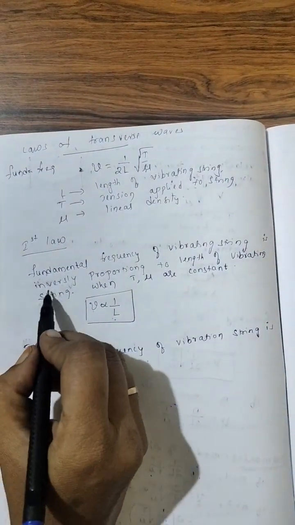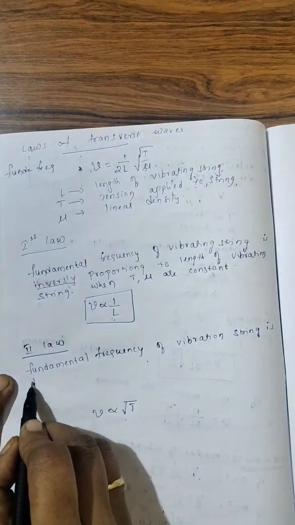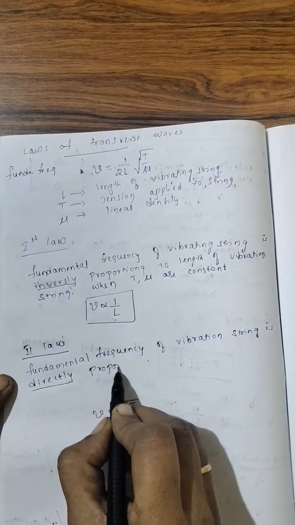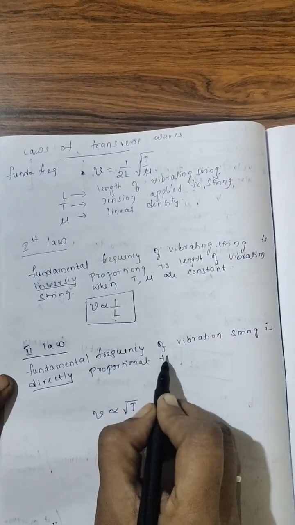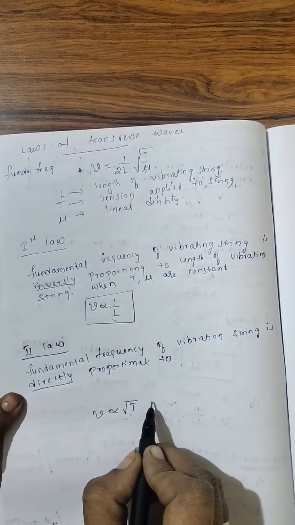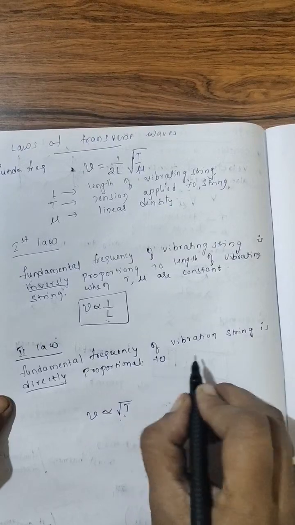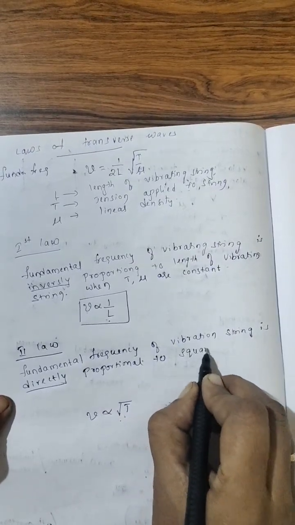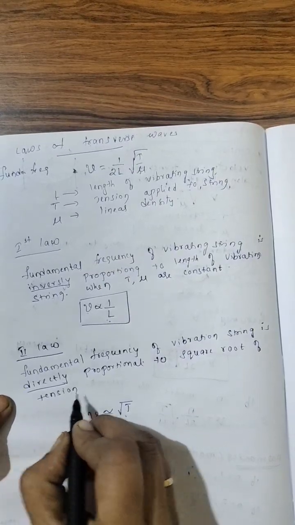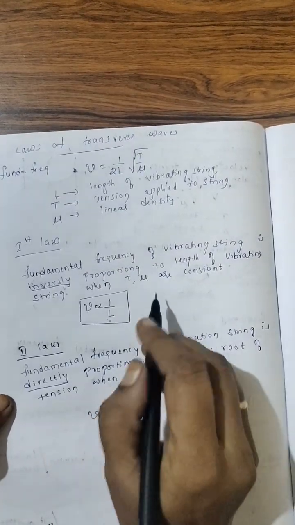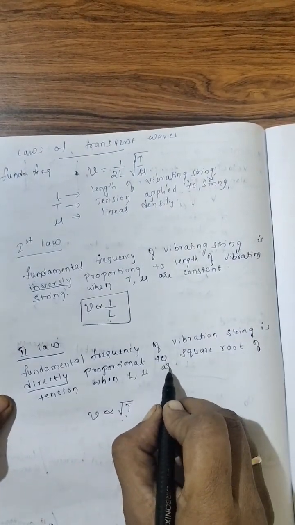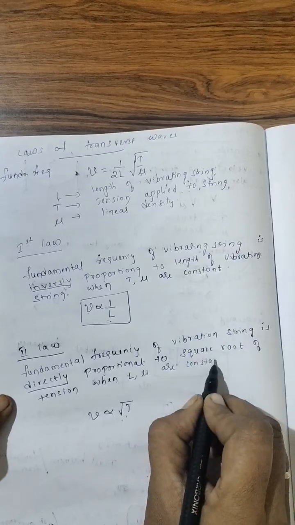So what will we write instead of inversely? Directly proportional to, what is T? Tension. But under root T is there, no? So what will we say? Proportional to square root of tension, when L comma mu are kept constant.